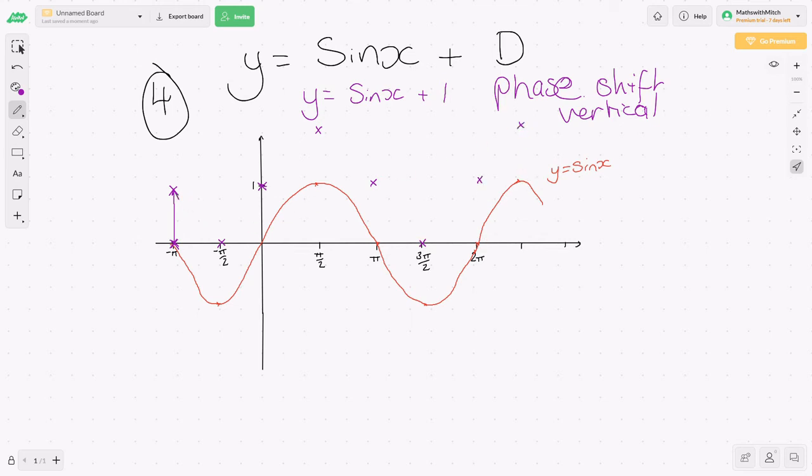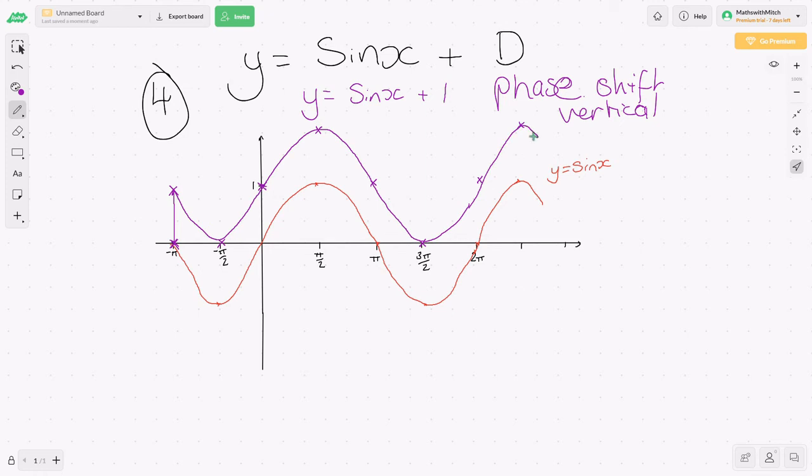And we can now join them up. So what you should see is the same shape of the graph, but every point on that graph should now be shifted up by 1 compared to its corresponding point on the other graph.